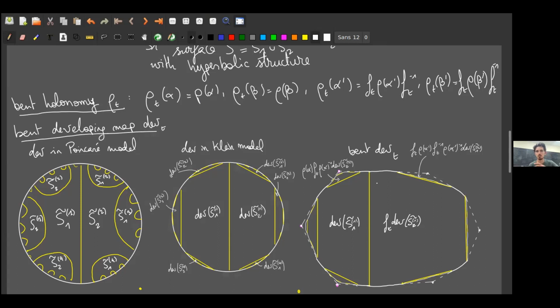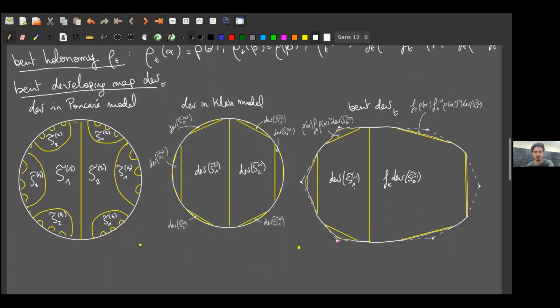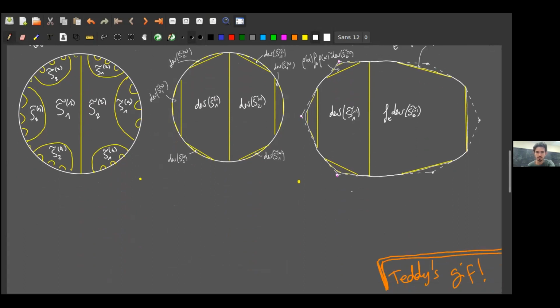So each time we cross one of those yellow geodesics, we get alternatively stretched by a conjugate of Ft and compressed by a conjugate of Ft minus 1, Ft inverse. And the result is the following.